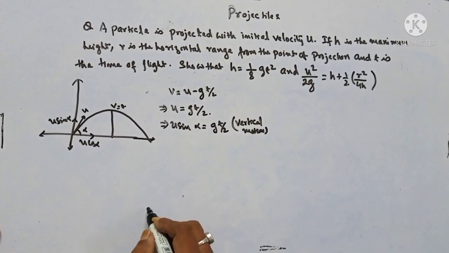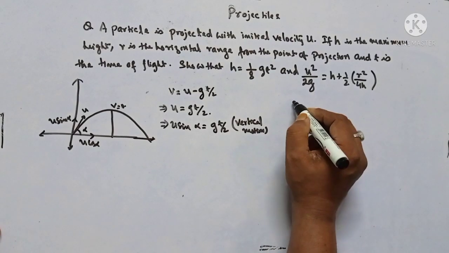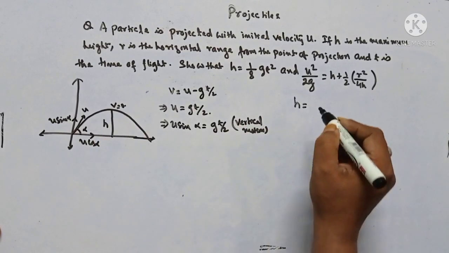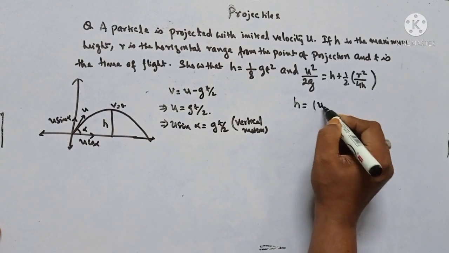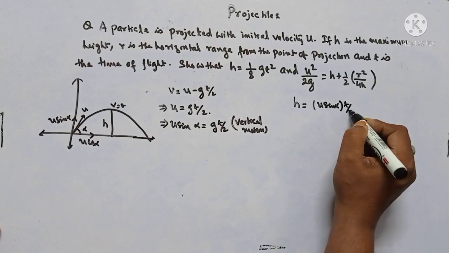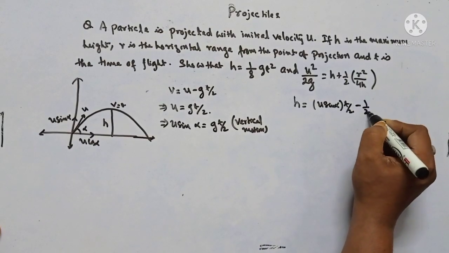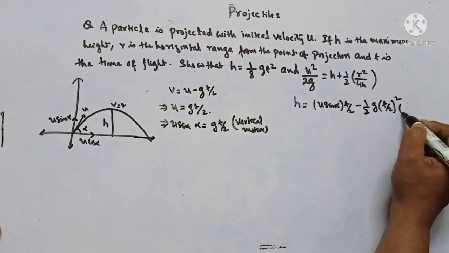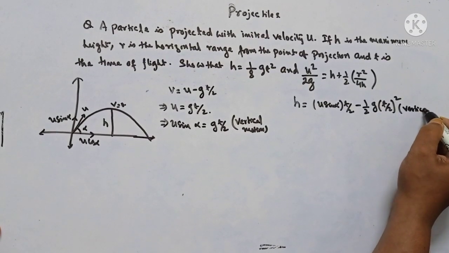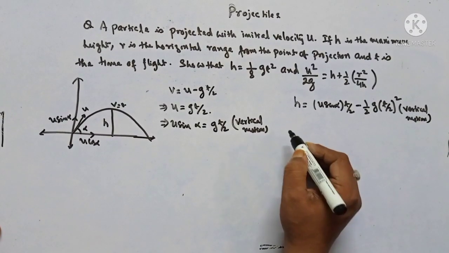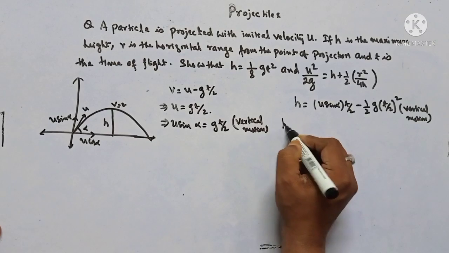Now here again we know that s is equal to ut plus half at square. So h, this is given, h is equal to u sine alpha times T by 2, minus half g into T by 2 the whole square. We are considering vertical motion.